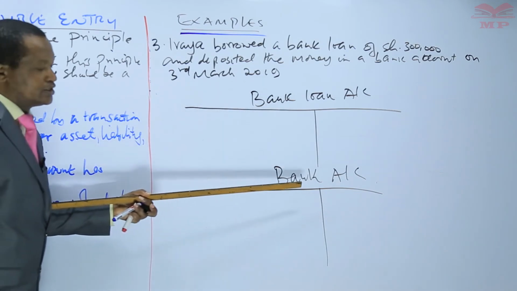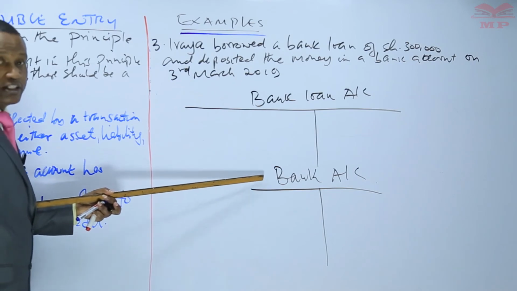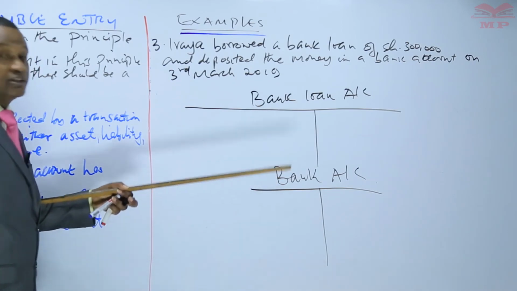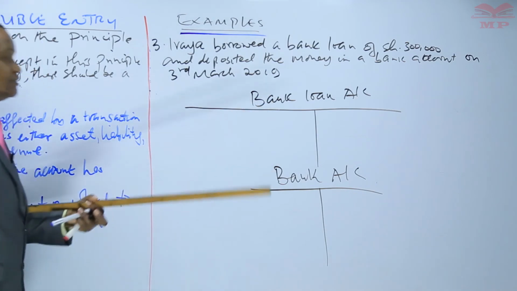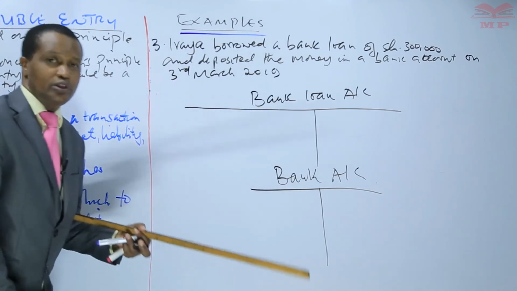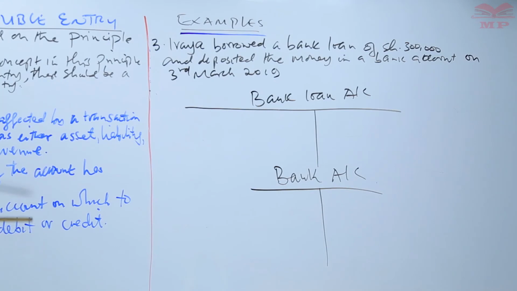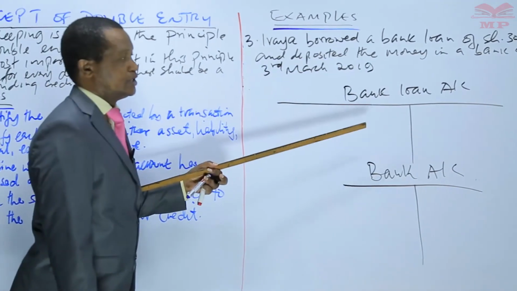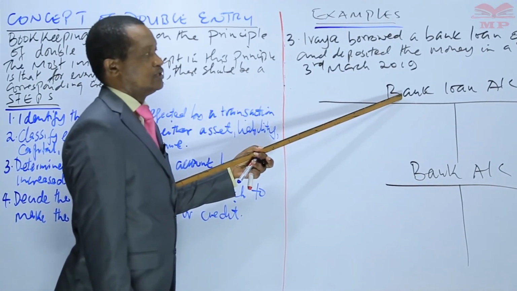This bank account, is it an asset account, liability account, expense account, or revenue account? Bank account is an asset. So that is step number two. Then step number three, what did we say? We said determine whether each of the accounts has increased or decreased. Iraya borrowed money from a bank.